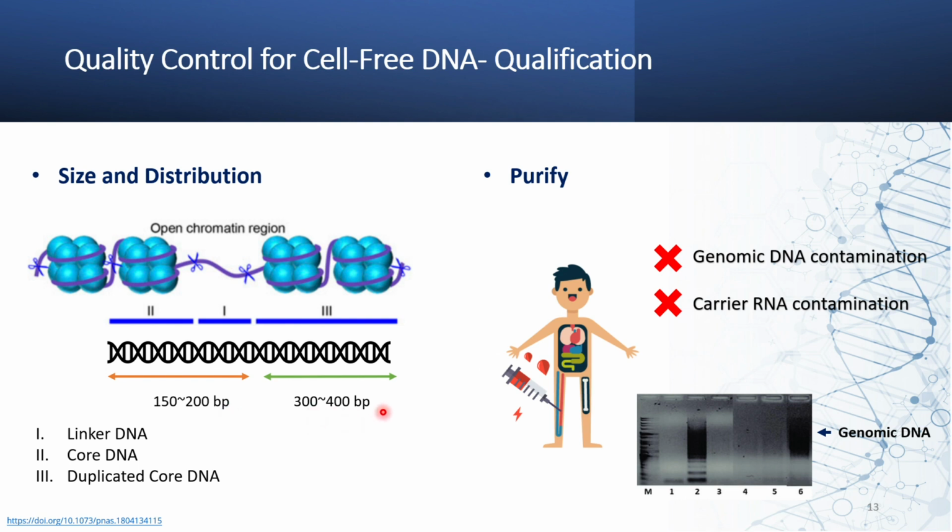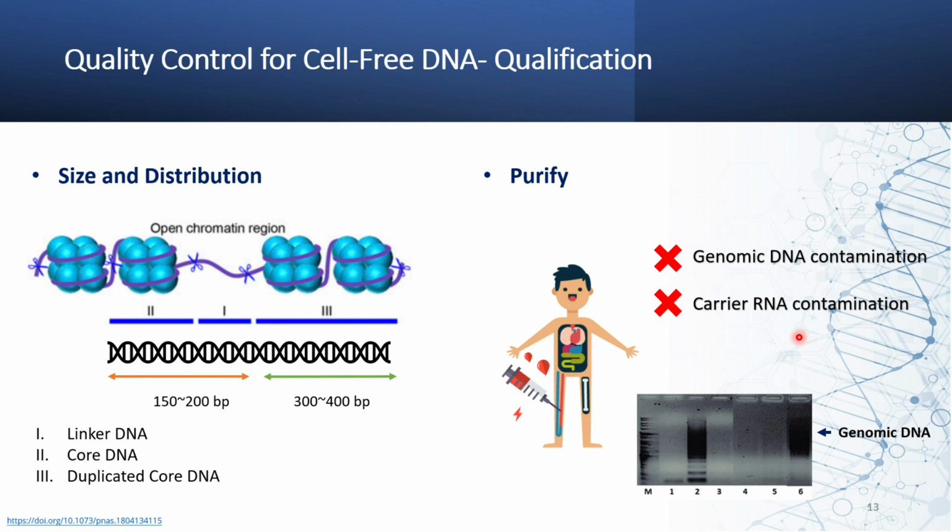Since most of the cell-free DNA is isolated from body fluid, such as the blood or urine, genomic DNA contamination needs to be avoided. In addition, the carrier RNA can enrich the extracted amount of cell-free DNA during the isolation.